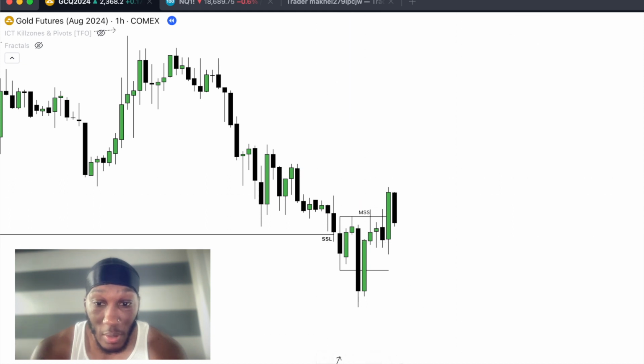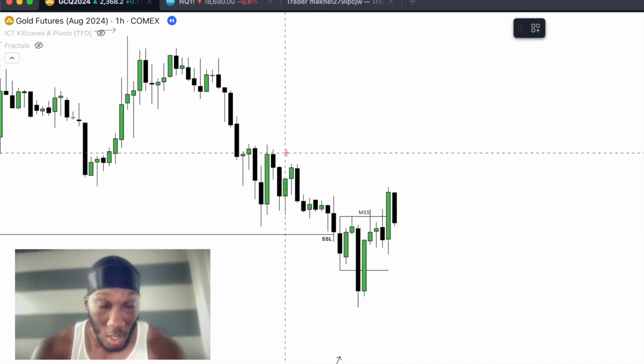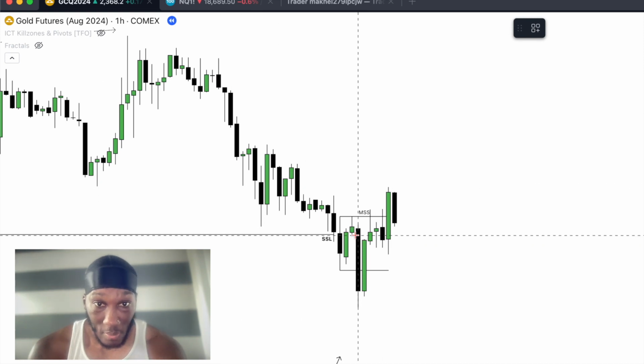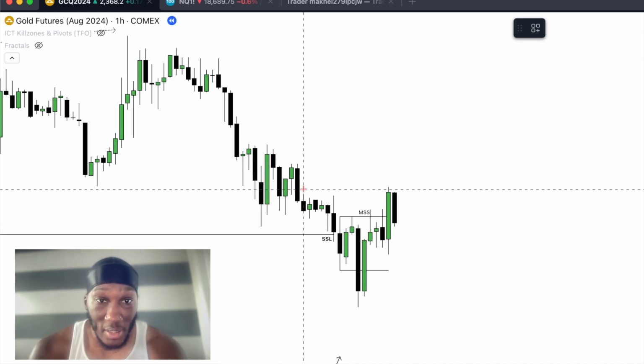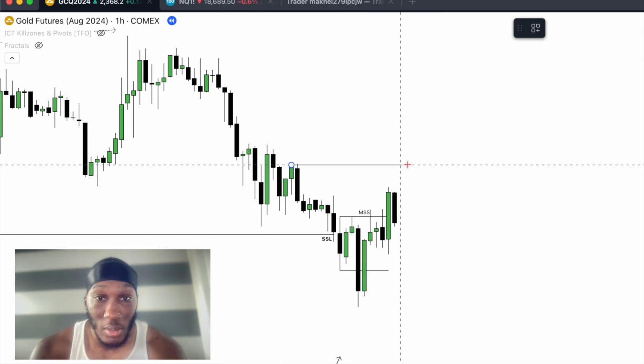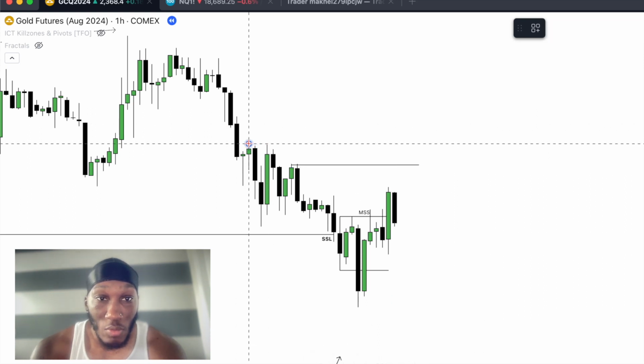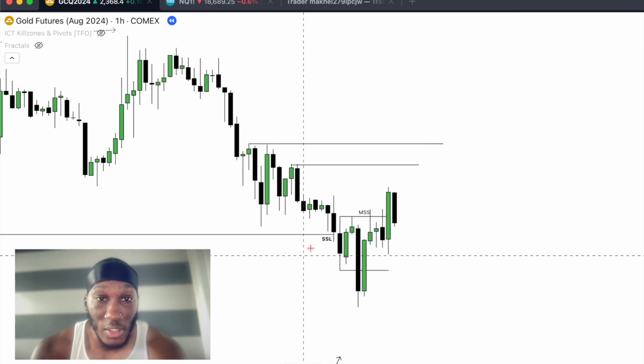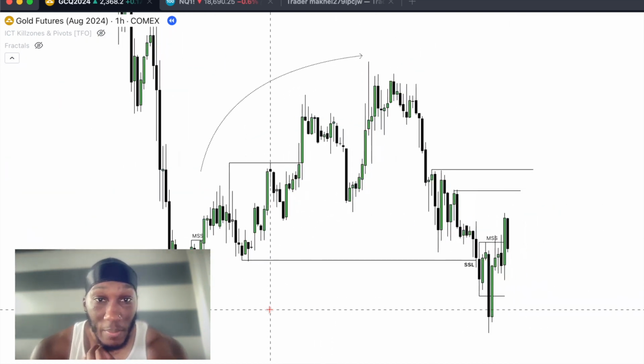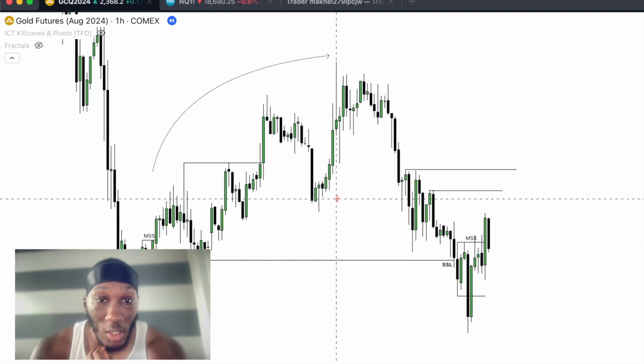So this is when price is on a sell like this, trending down like this. This is all generated liquidity. Liquidity here. Relative equal highs here. So this is what price does. It just generates liquidity. So as you see here, all of these lows are liquidity.